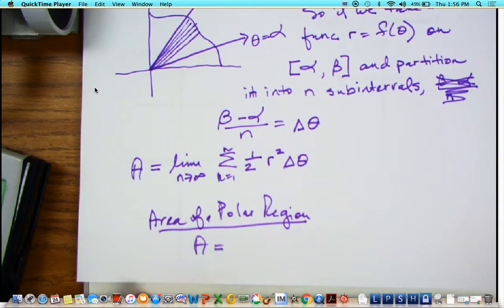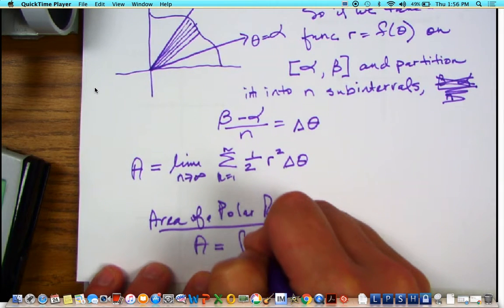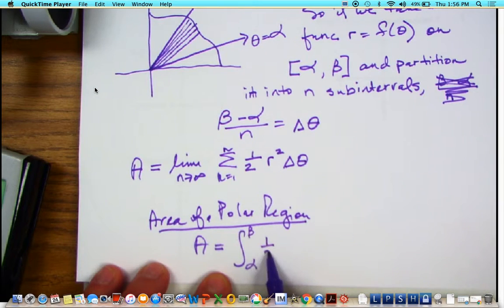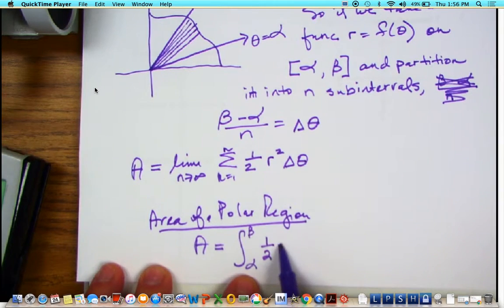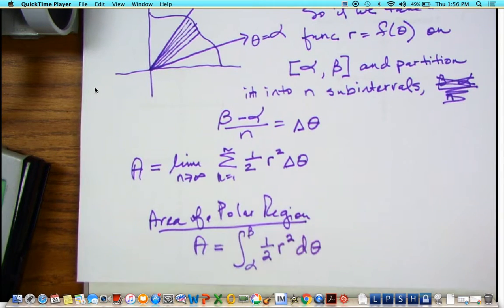The integral from alpha to beta of 1/2 r squared d theta. So that's kind of cool if you think about it. We were able to do with a circle what we have done with all of these other shapes by inserting rectangles.